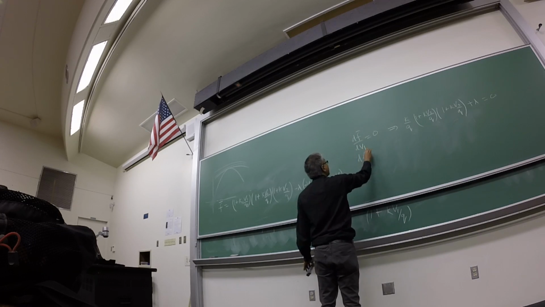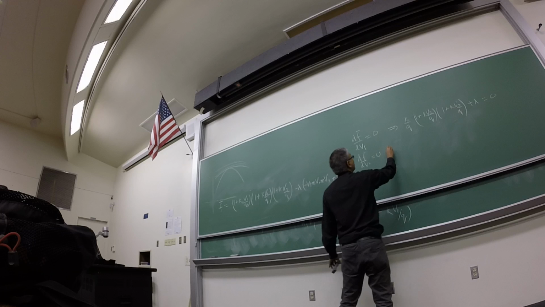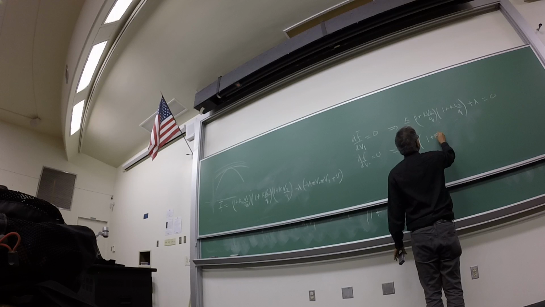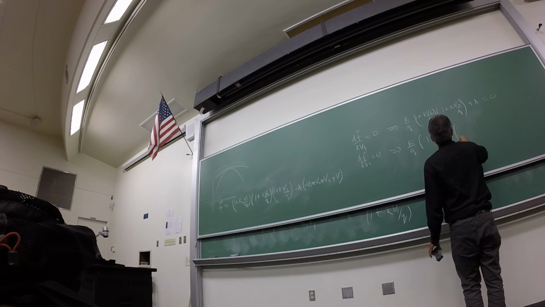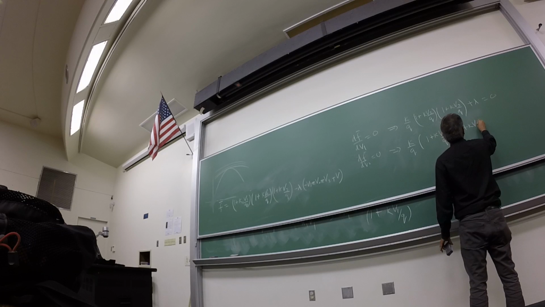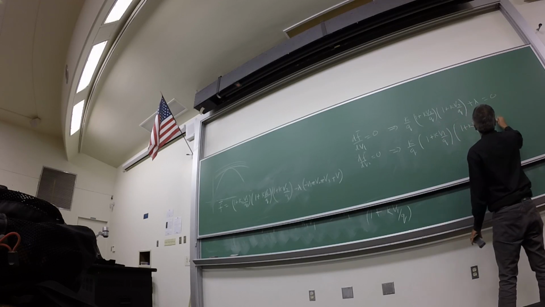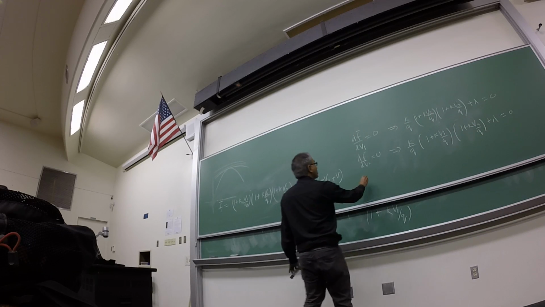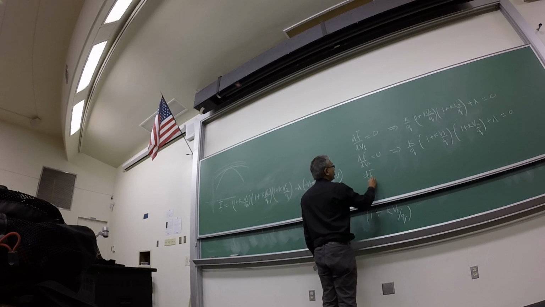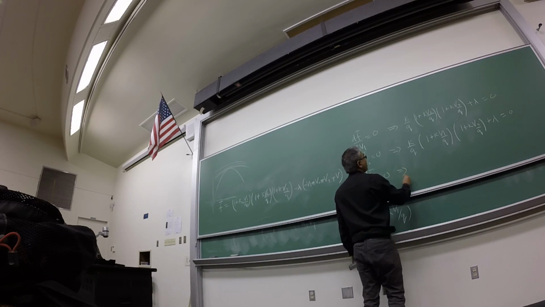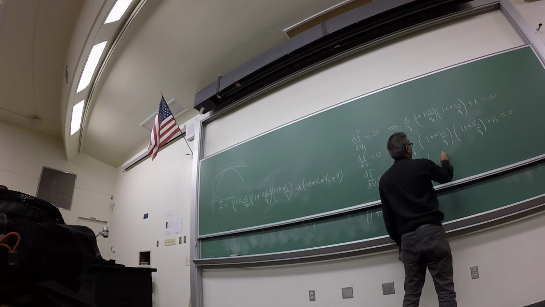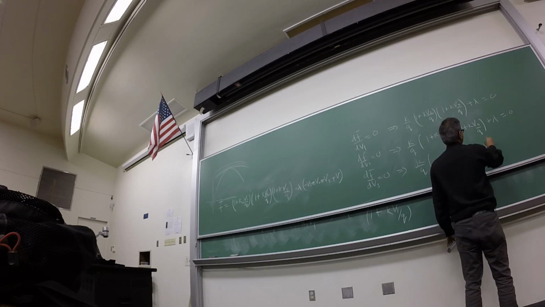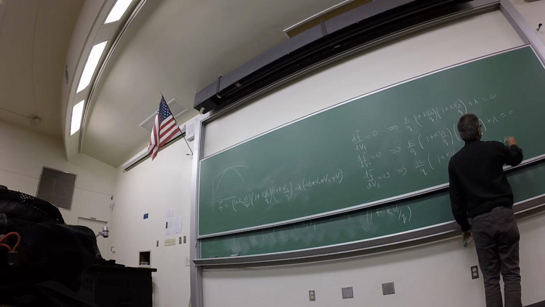Similarly, you can do dF bar dV2 equals 0. This will give you k over q, 1 plus k v1 over q, 1 plus k v3 over q, plus lambda equals 0. And then of course you have the third equation, dF bar dV3 equals 0, and that will be k over q, 1 plus k v1 over q, 1 plus k v2 over q, plus lambda equals 0.